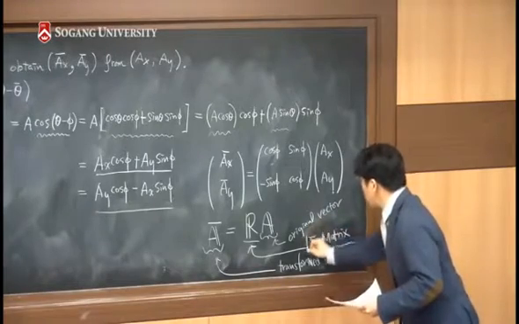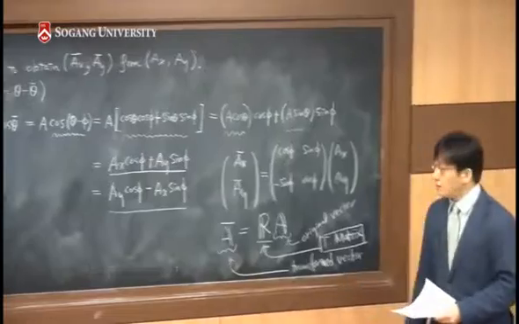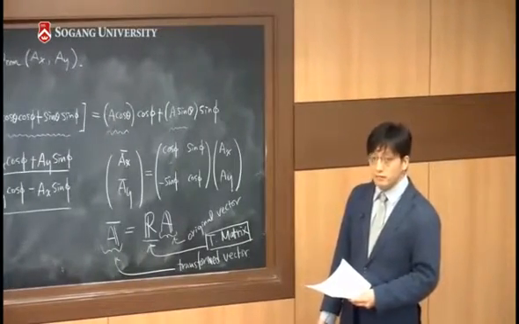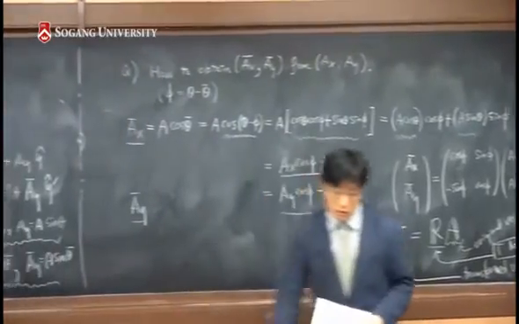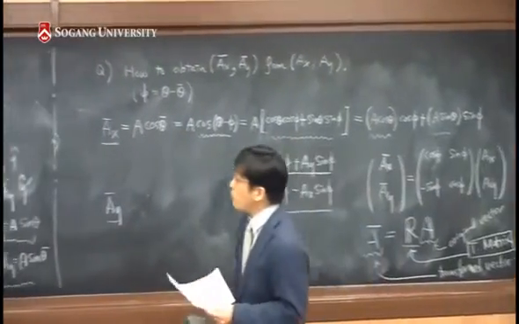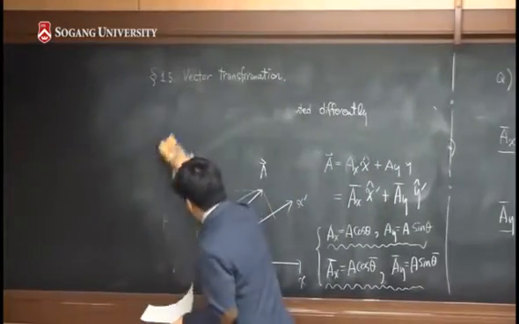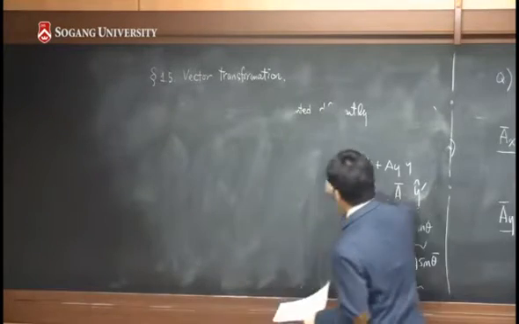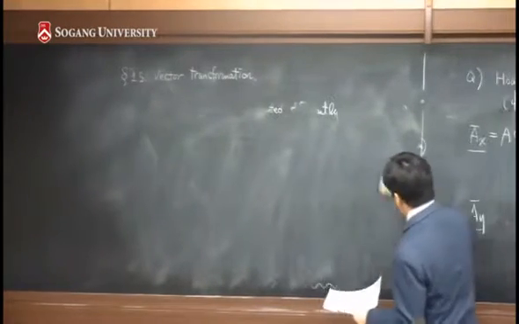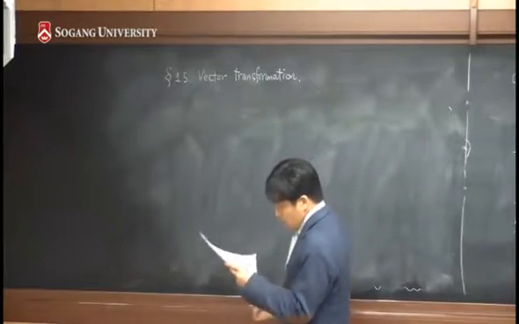This gives the transformation rule from one vector to the other. Okay? So transformation from one vector to the other can be symbolically written, or is usually given, in terms of matrices, 2 by 2 matrices. Okay.